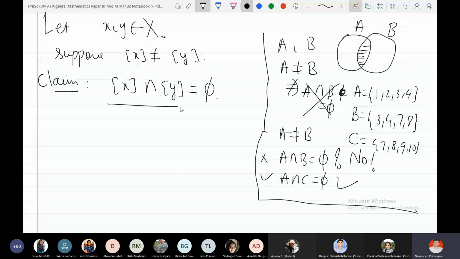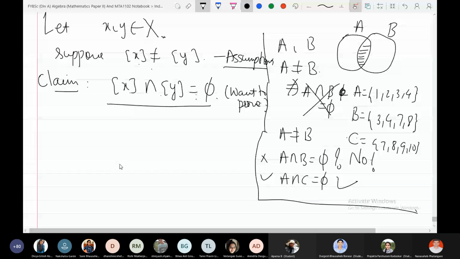This is the assumption, and this is what we want to prove. So once this is clear, what to do next?